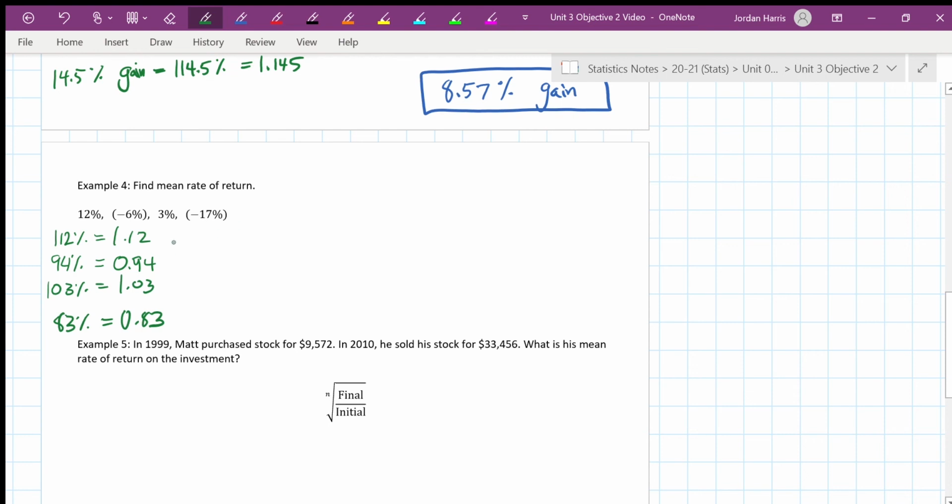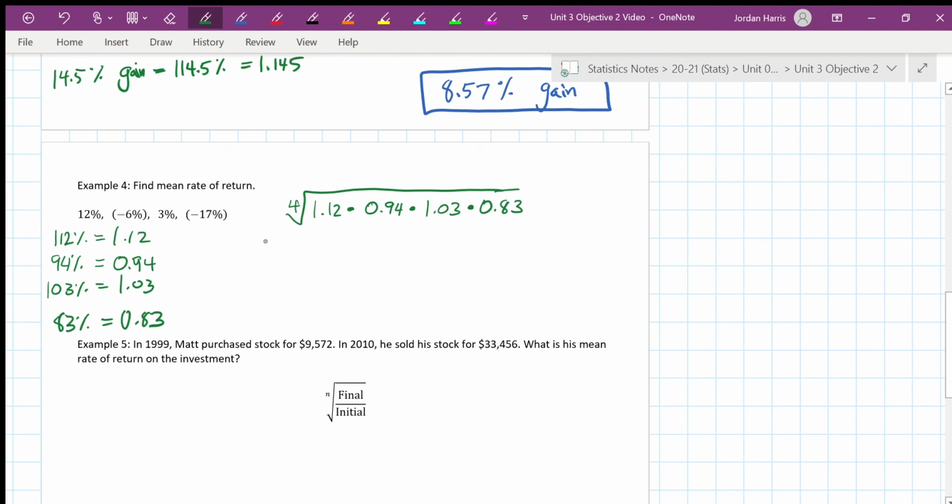Okay, so I have the 4th root now of 1.12 times 0.94 times 1.03 times 0.83.